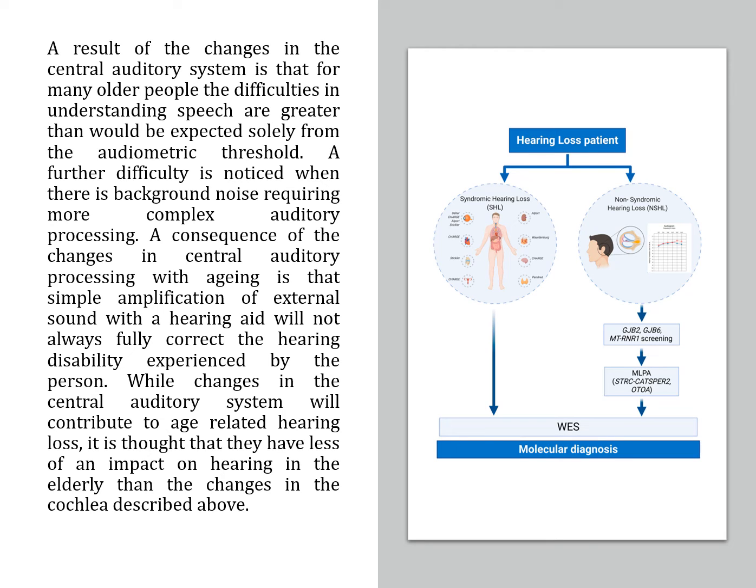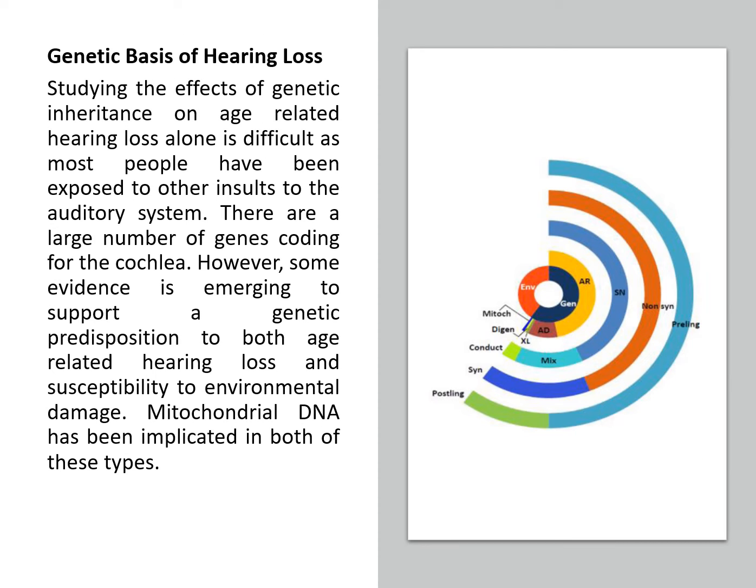While changes in the central auditory system will contribute to age-related hearing loss, it is thought that they have less of an impact on hearing in the elderly than the changes in the cochlea described above. Studying the effects of genetic inheritance on age-related hearing loss alone is difficult, as most people have been exposed to other insults to the auditory system.